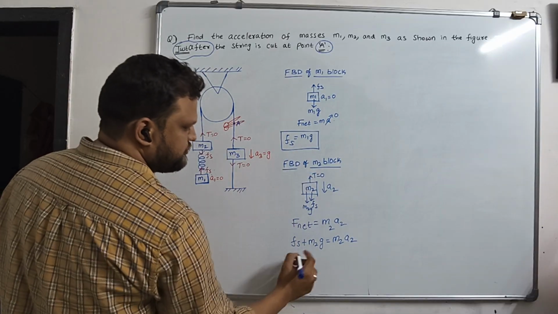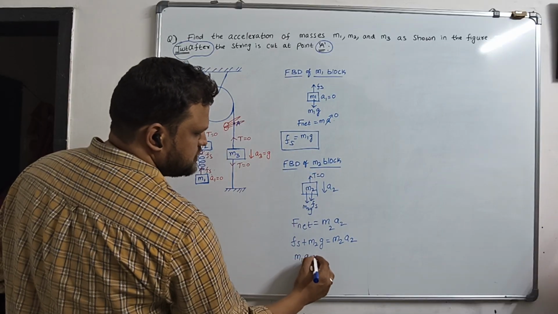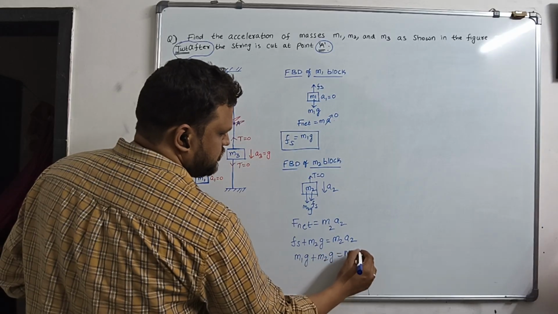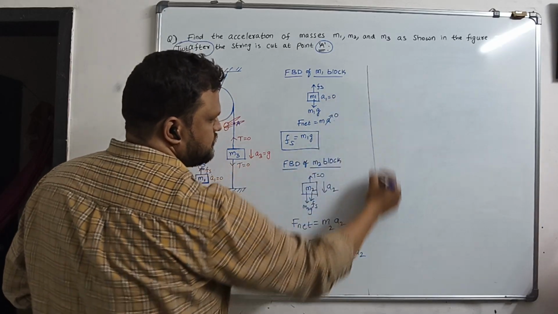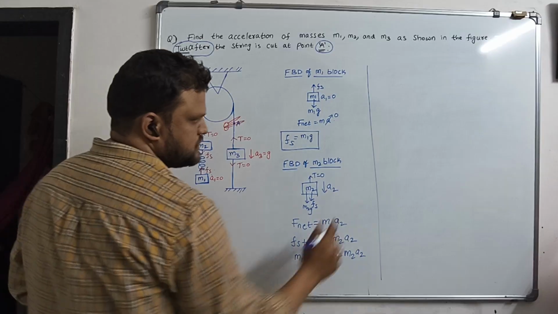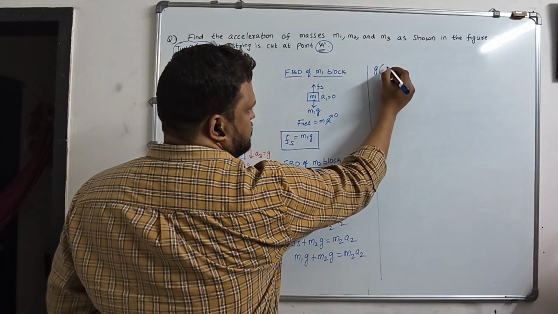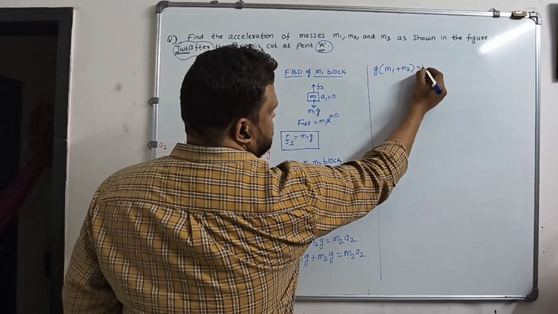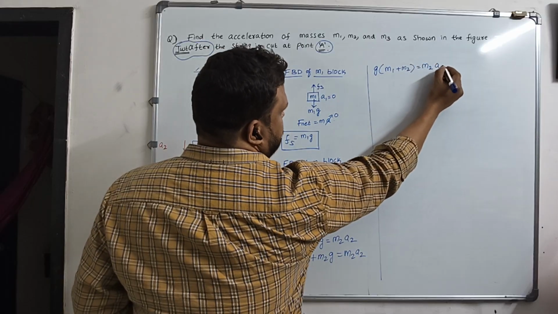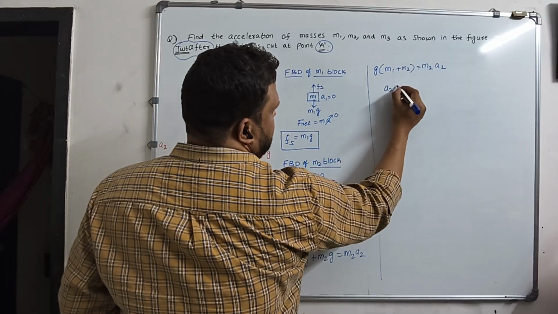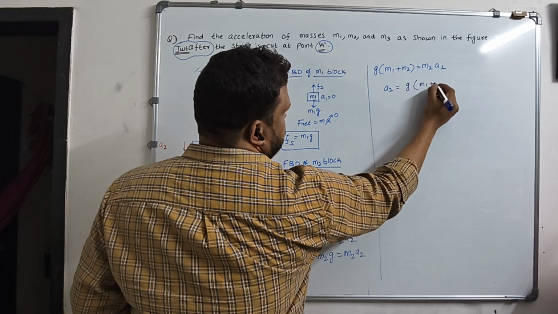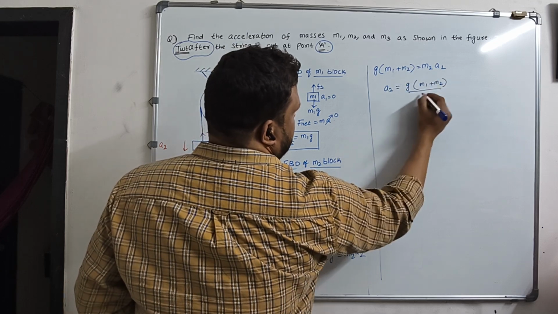Already we know the value of Fs, which is M1g, so M1g plus M2g equals M2 multiplied by A2. Now if I take g common, we get g times (M1 plus M2) equals M2 multiplied by A2. So from here I can write A2 equals g times (M1 plus M2) divided by M2.